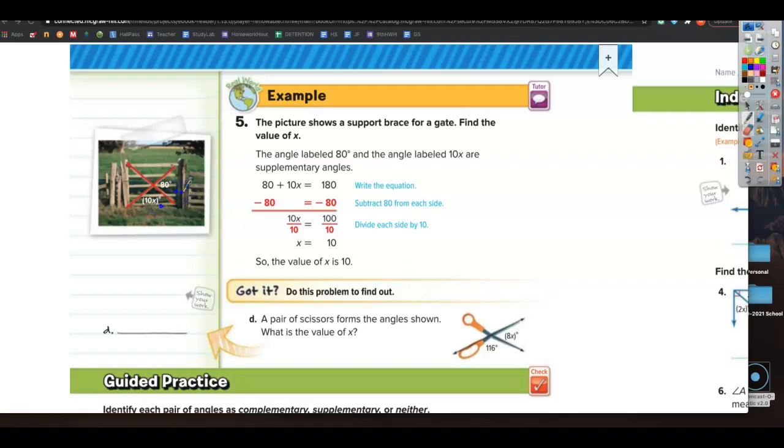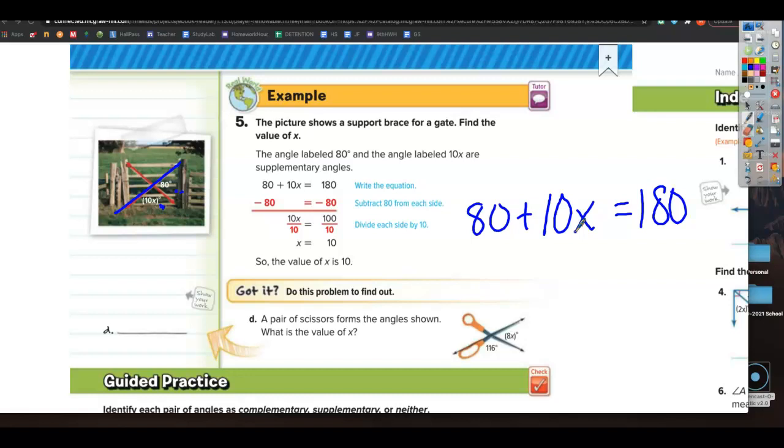No. Do they form a straight angle? Yes. So that means that they equal 180. What is the measure of one of them? Plus, what is the measure of the other? And then we would solve, correct?